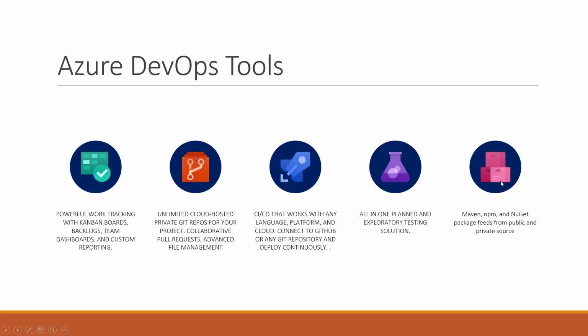You can get all your project artifacts from your public or private sources. That means you have dependencies required for your project build, some from open public repositories and some artifacts from your private sources. You can manage all of these with Azure Artifacts.